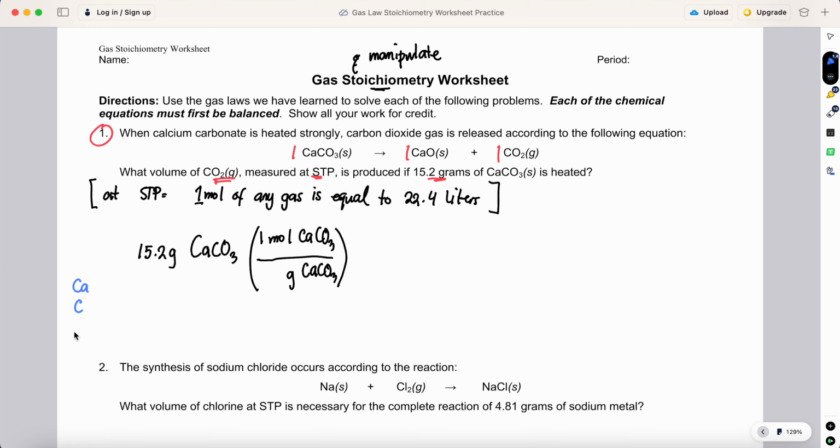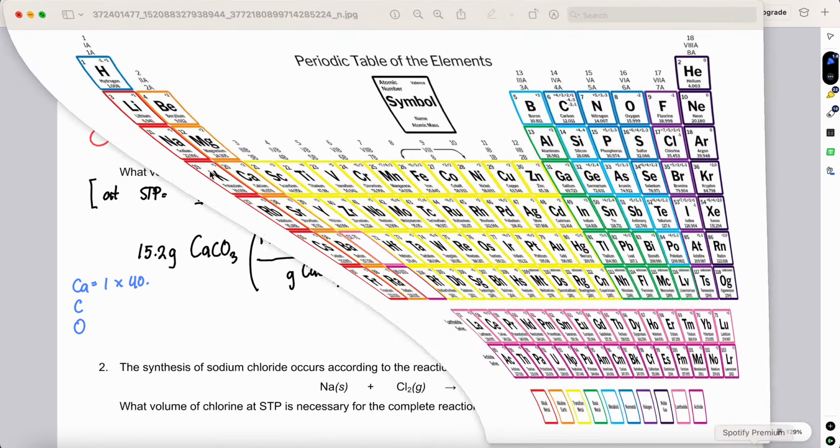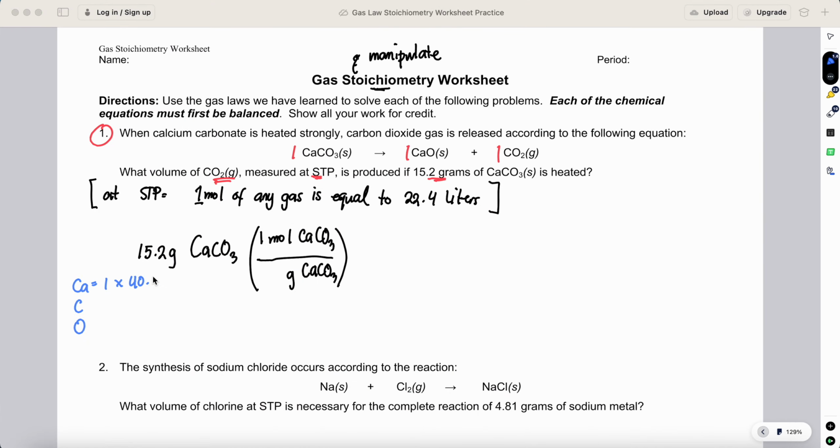CaCO3. So we have 1 times 40.078. Carbon has 1 times 12.011. Let me check.